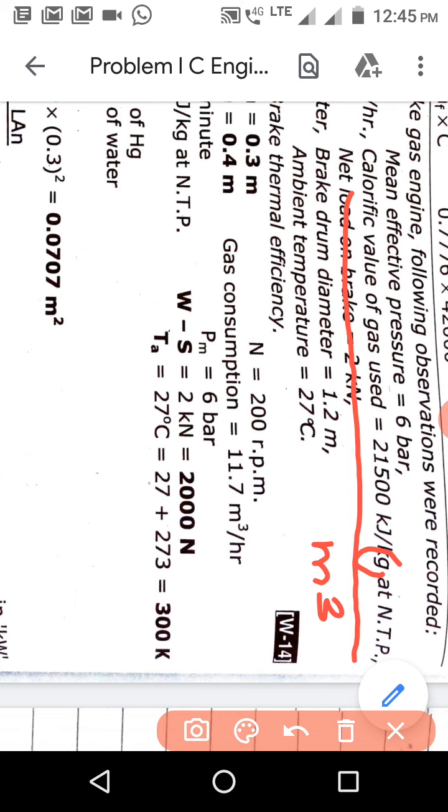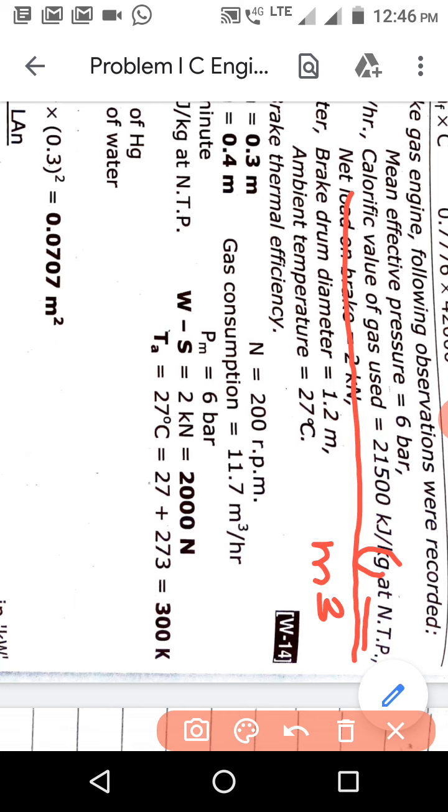So calorific value should be in kilojoule per meter cube. So this data given may be wrong. It should be per meter cube at normal temperature and pressure. This sentence is very important because the calorific value is given at normal temperature and pressure condition. It is not given in real condition. It is given for the ideal condition.